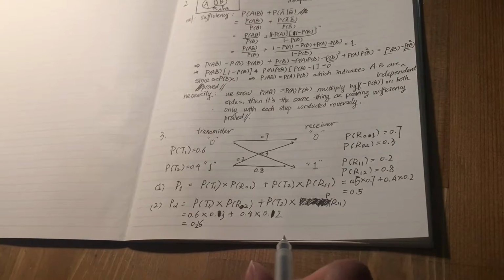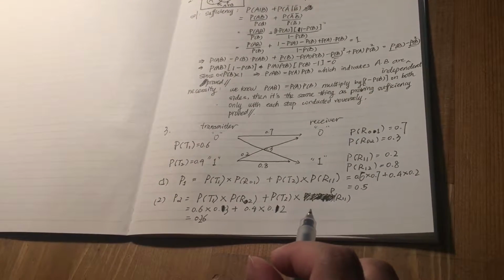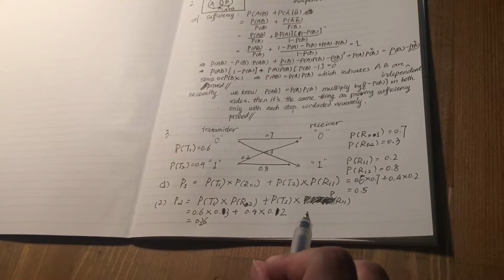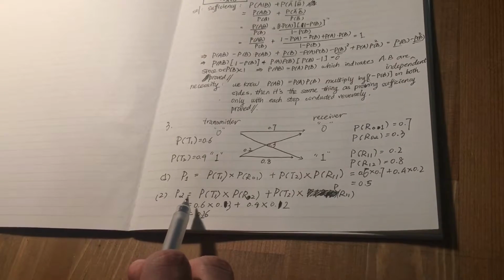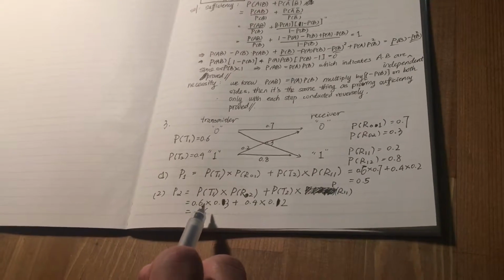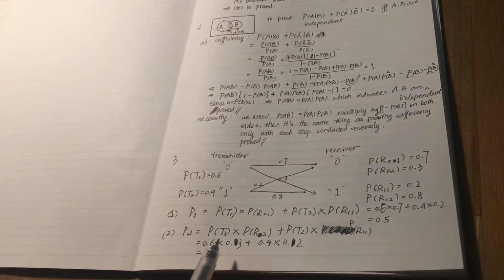For the second problem, we calculate the error of the transmitter and receiver, which includes two different situations. We denote the probability of the error as P2, and it is equal to the case when the transmitter transmits 0 but the receiver receives 1.